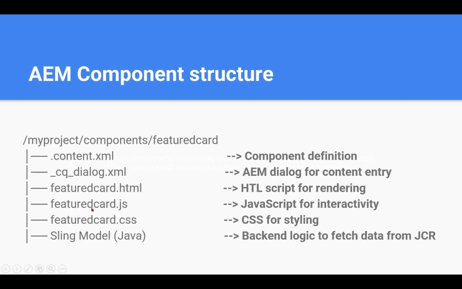Then we can use featuredcard.js, which is JavaScript for interactivity, and a CSS file for styling. Then we will have a Sling Model, a Java class for backend logic, like fetching data from the JCR, which is the Java Content Repository. Okay, let's build our component and go through each of these files practically and understand their purpose.